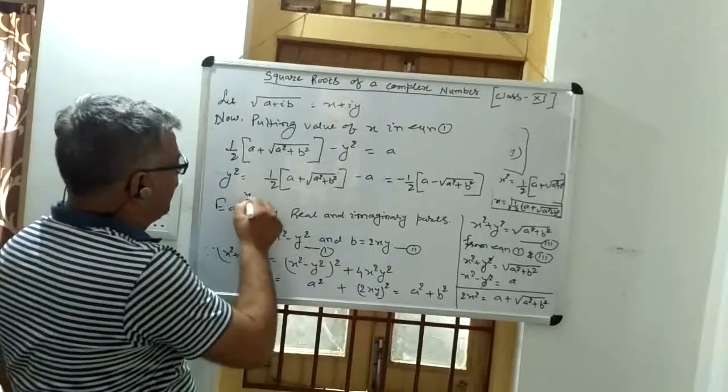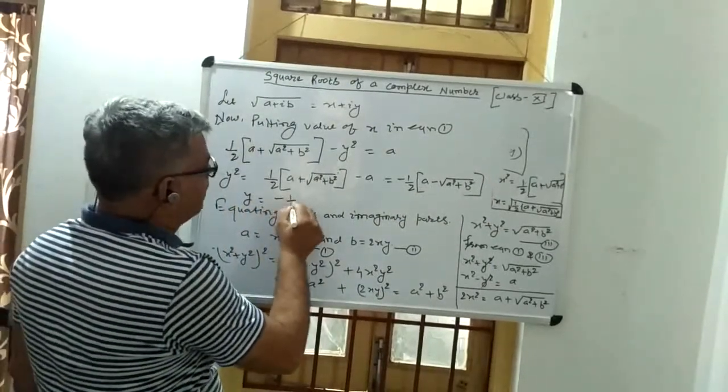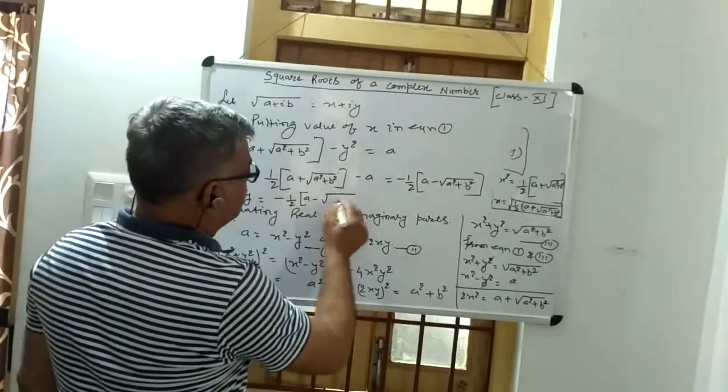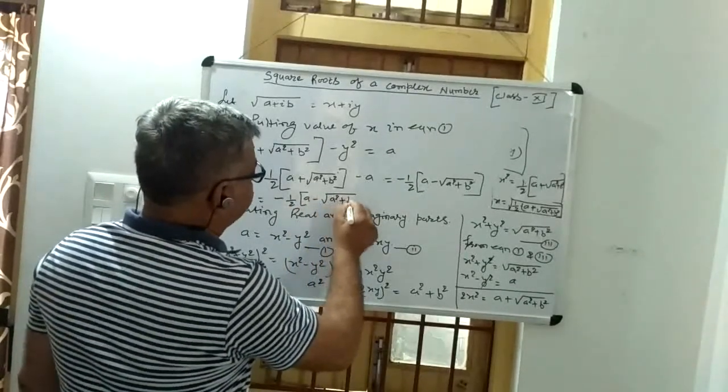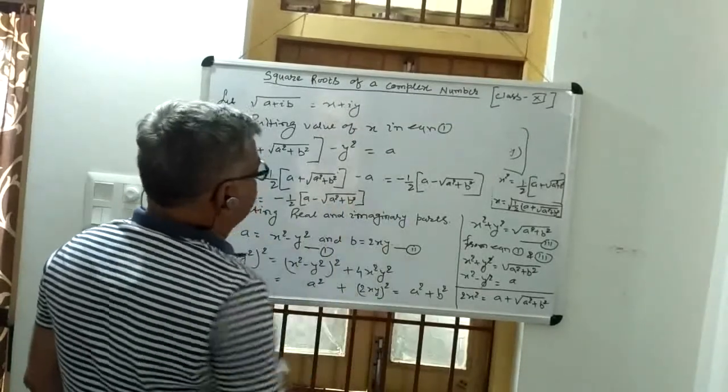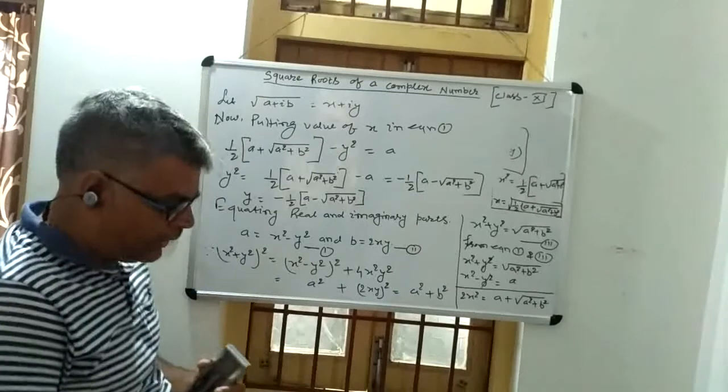So similarly, y equals minus 1 by 2 into under root of (a minus under root a square plus b square) is the required value for x and y.